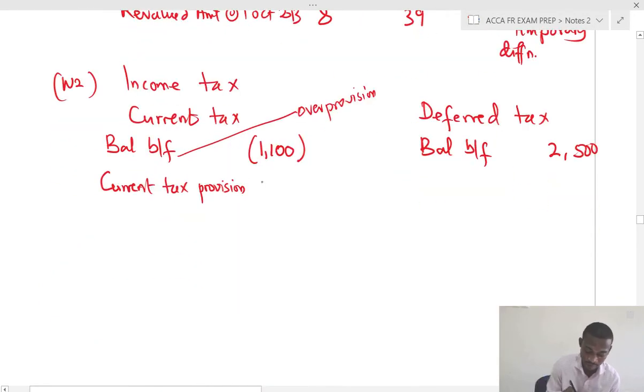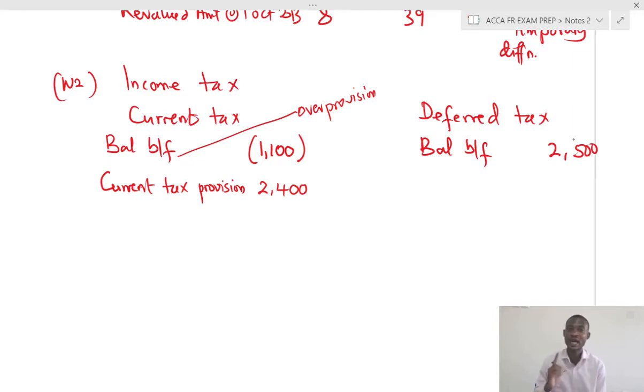I'll leave 2 lines, and come here and say the balance. And there are two things I'll look out for: the temporal difference arising on the revaluation, which is 32 million, and that will be 32,000, plus the other temporal difference we were given in the notes.